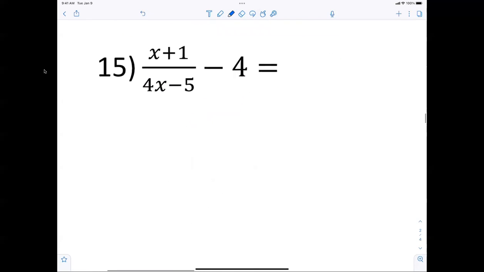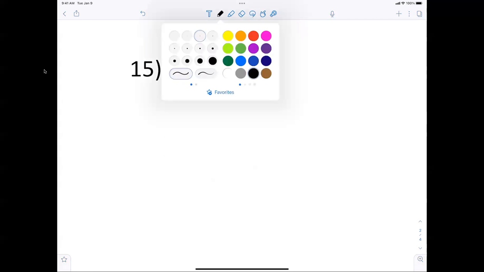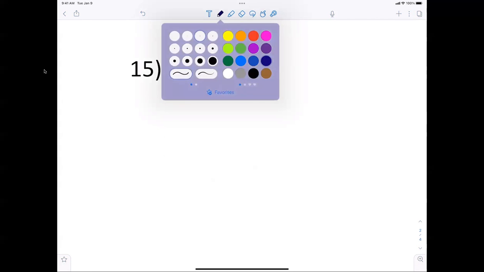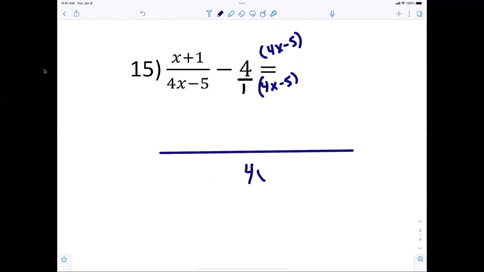All right, 15 is over what? 4 over 1. So you have to multiply the top and bottom by what? 4x minus 5. Yeah, multiply by 4x minus 5. So the common denominator is 4x minus 5. So it's going to be x plus 1 minus 4 times parentheses 4x minus 5.